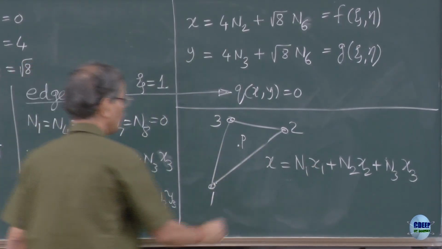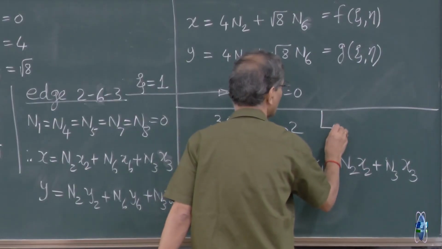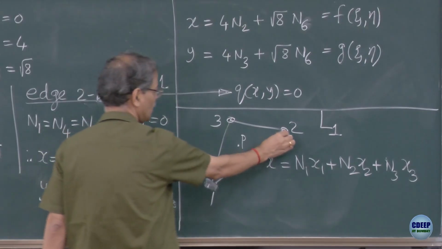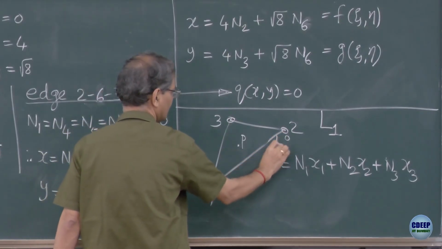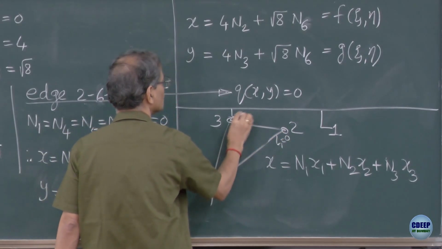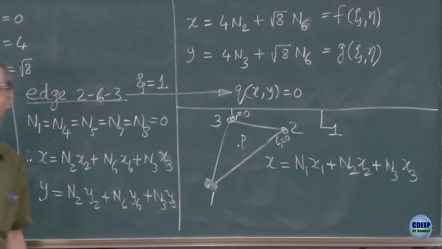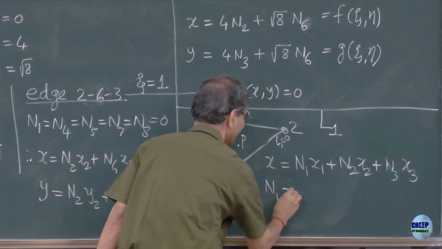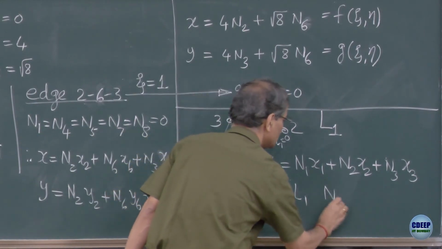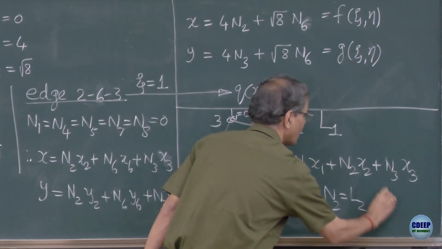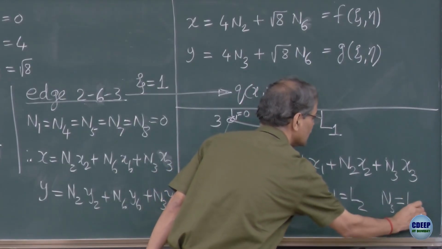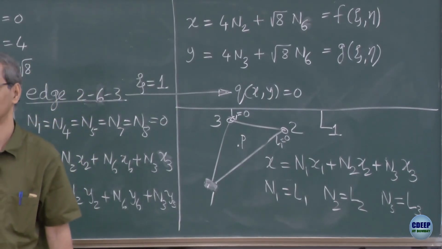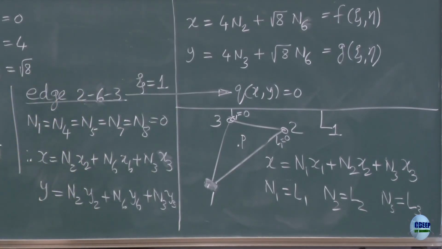So if you look at L1, what happens to L1? L1 is 1 here and 0 here, L1 is equal to 0. So N1 is actually L1, N2 is L2, N3 is L3 itself. As simple as that for the shape functions.